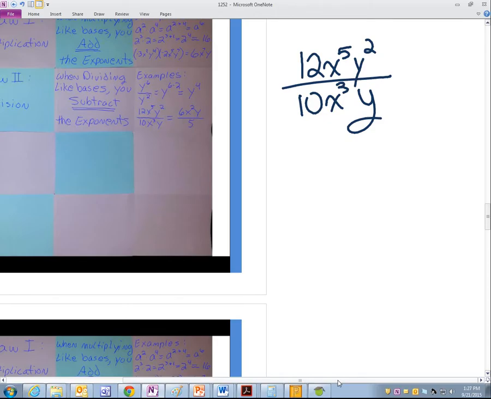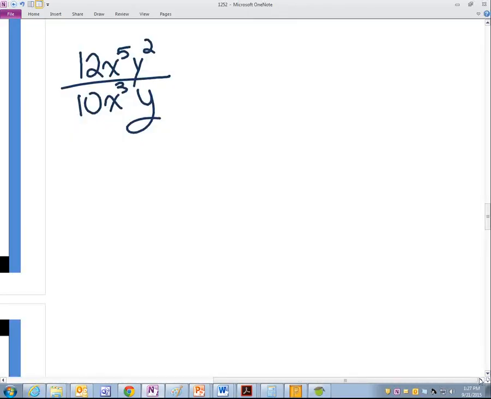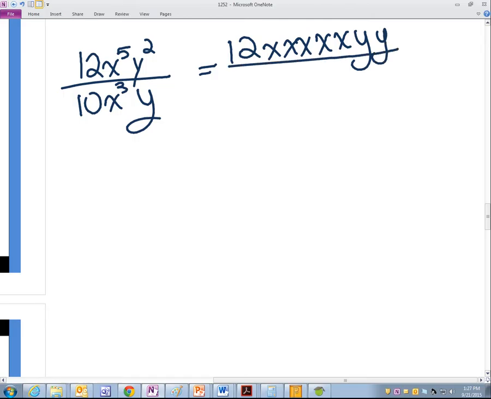Do you agree that this is the same thing written out? 1, 2, 3, 4, 5 x's, and y, y? Yeah. Okay, and this, x, x, x, y.